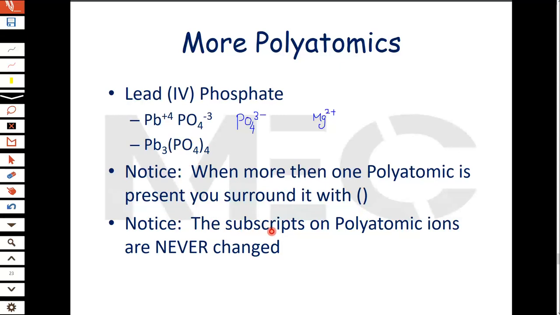The subscripts on polyatomic ions are never changed. PO4 will remain PO4 because it's phosphate. The subscript 4 for oxygen belongs to the phosphate, so it will not change.